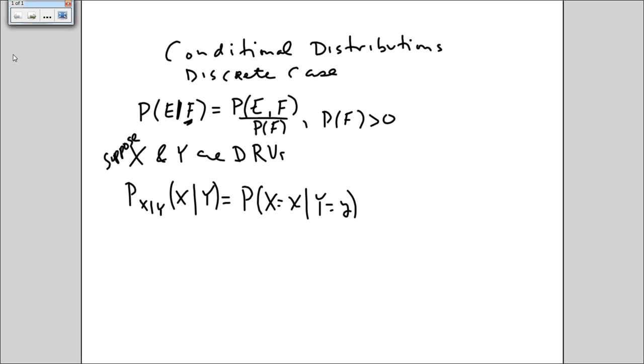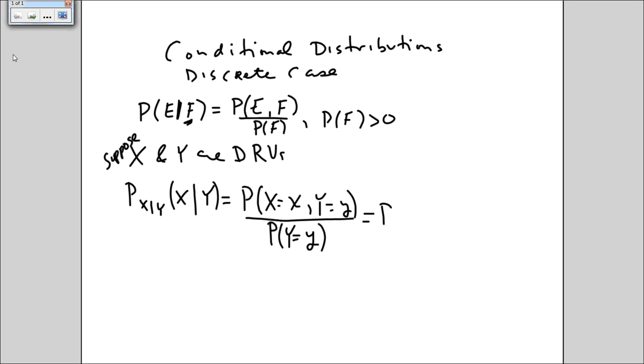But by definition, it's the probability that X is little x and Y is little y, divided by the probability that big Y is little y.